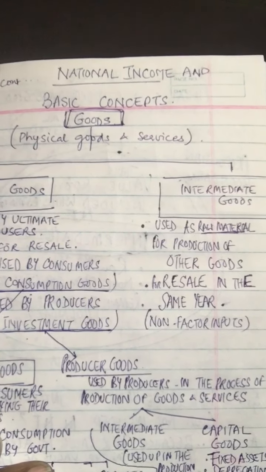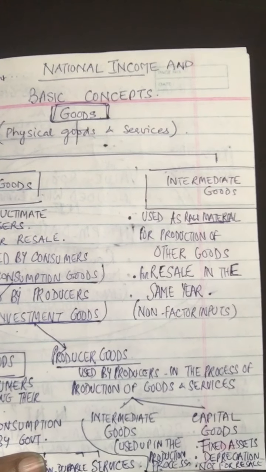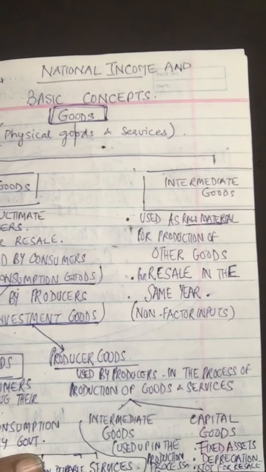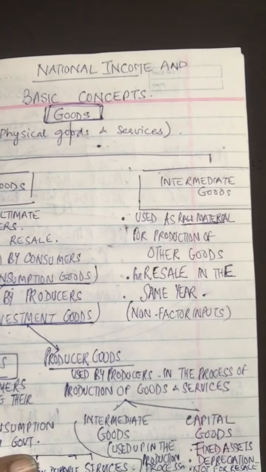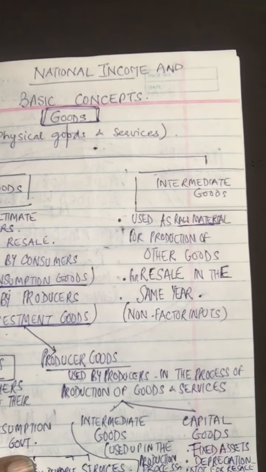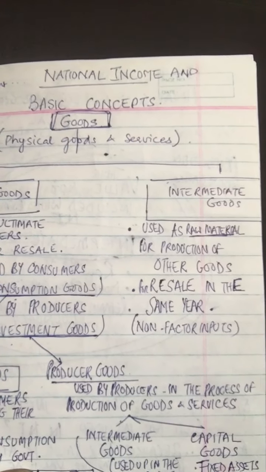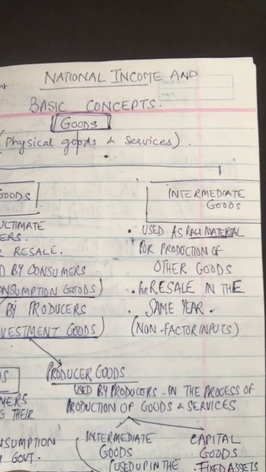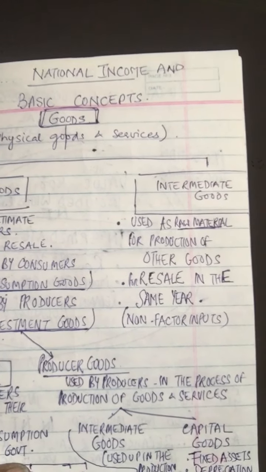Final goods do not undergo any further change in the process of production. And these are called final because once these are sold, they cross the production boundary and reach their final users. So what is production boundary? It is a boundary line around the producing sector.